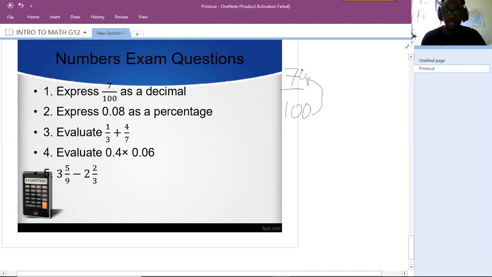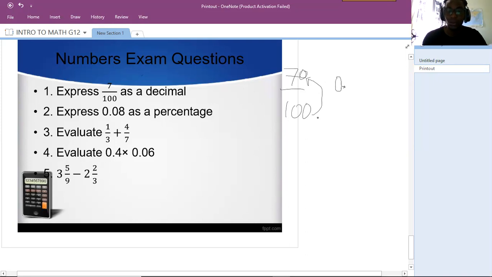You add a zero there, and you add a zero and a decimal point.